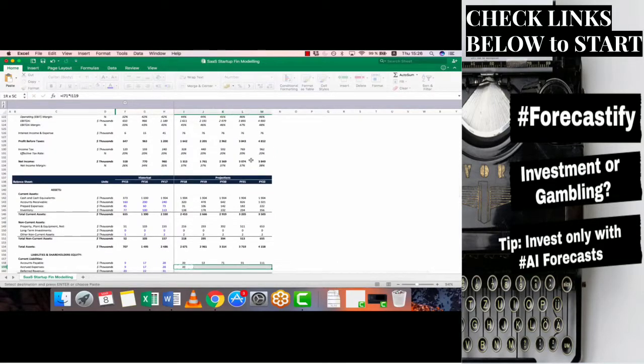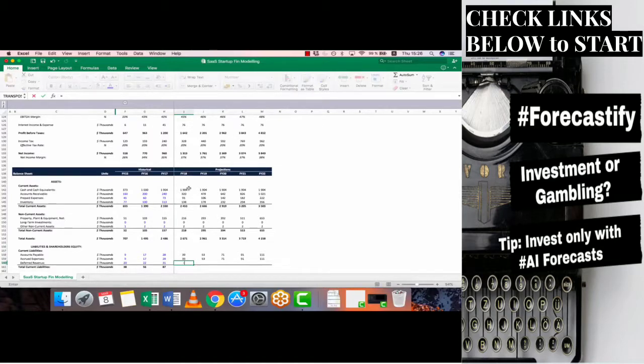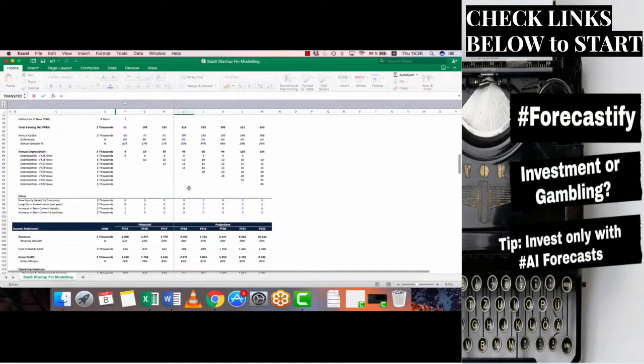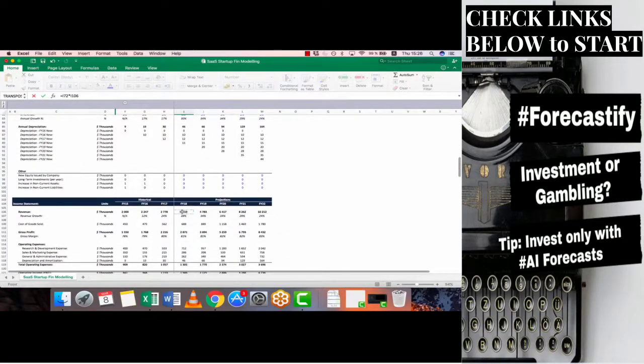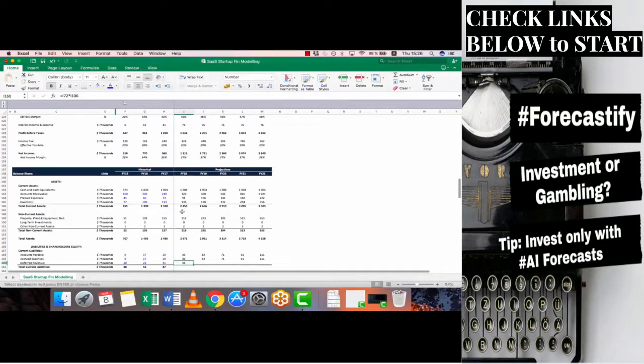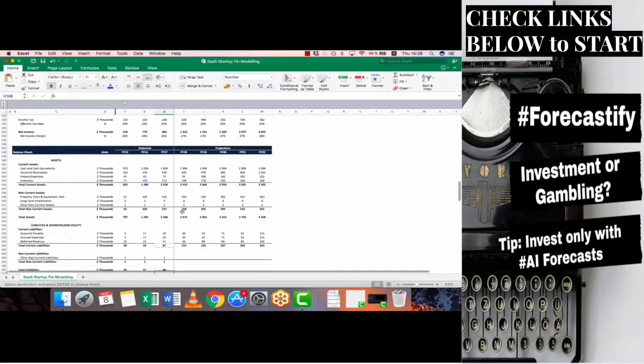Then deferred revenue, we'll drive it by revenue, taking our deferred revenue assumption and multiplying it by total revenue. Here are our numbers. It's a formula for total current liabilities, copying it.